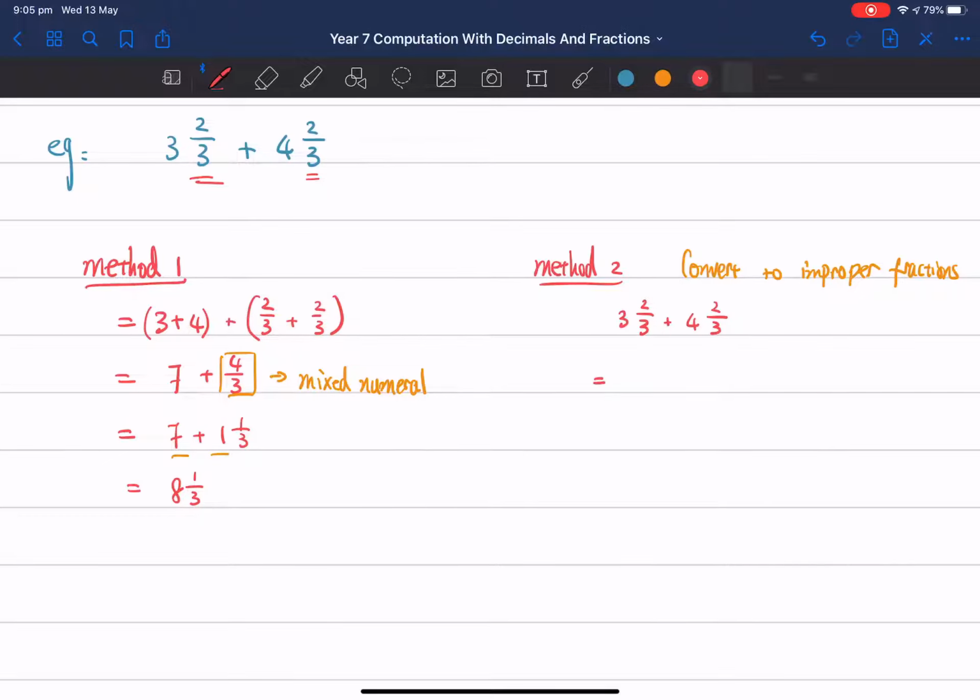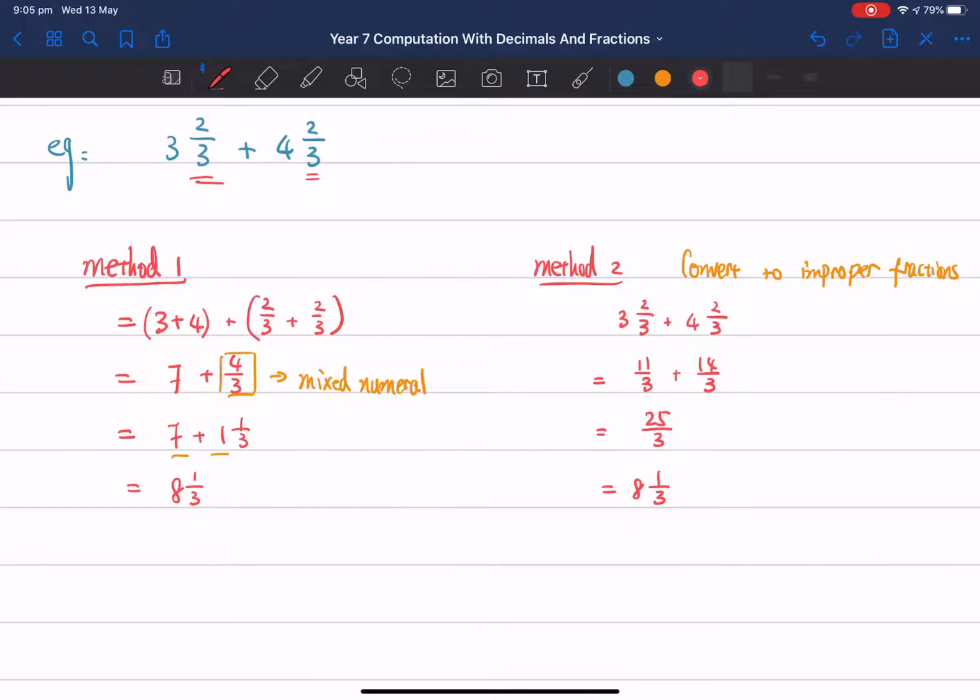I'm very confident with converting into improper fractions, so it's just easier for me to plus or minus fractions. So now it becomes 11 over 3 plus 14 over 3, which is 25 over 3. And that is 8 and 1/3.